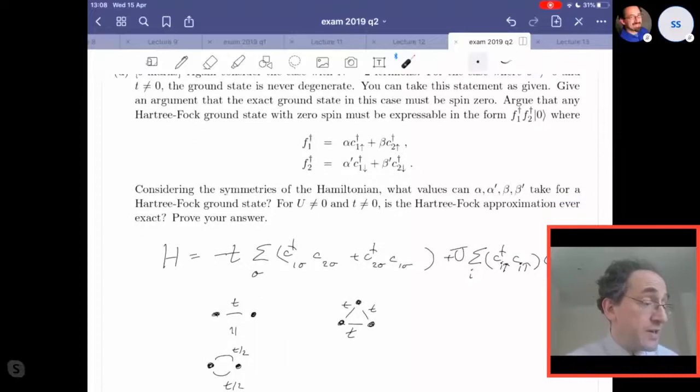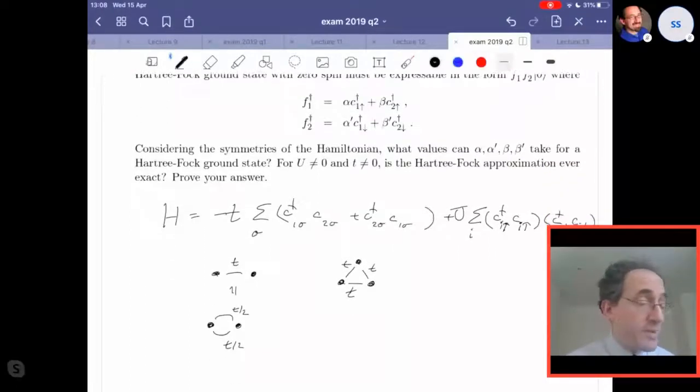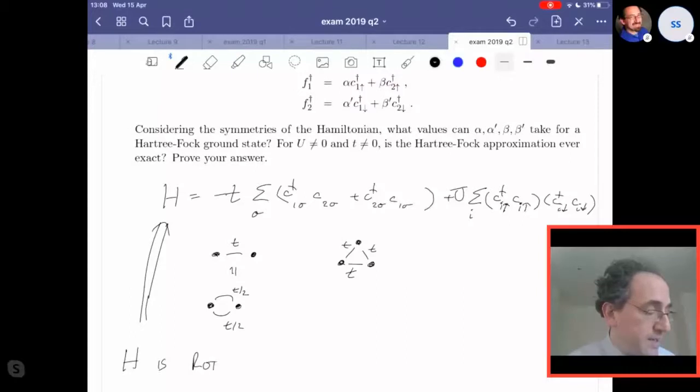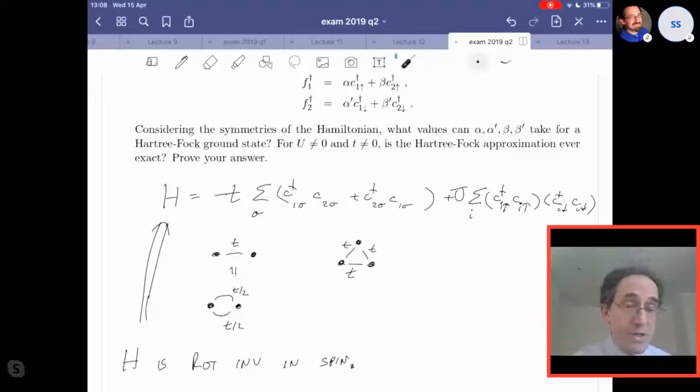another feature that we should recognize from our Hamiltonian is that H is rotationally invariant in spin space. So if you rotate all the spins, the Hamiltonian is unchanged. How can we show that? Maybe the easier term to consider is the u term.